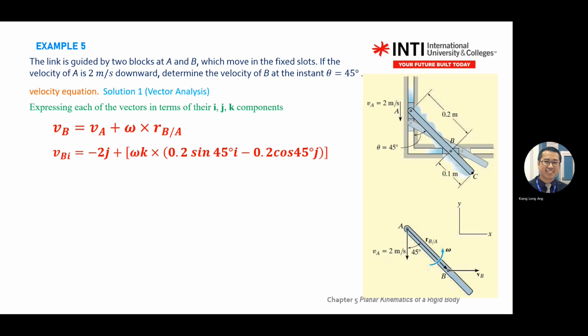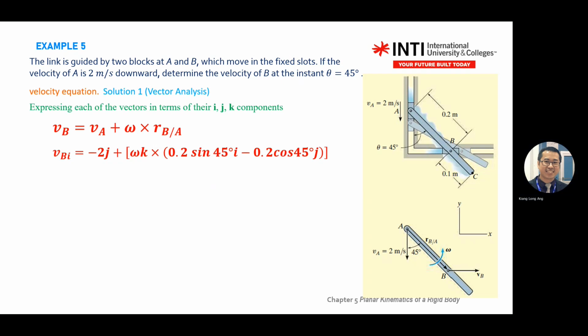Cross, you copy, R cross B. RB slash A means this distance. This is a vector. Convert this vector into x direction, y direction. So how do you find the x direction?